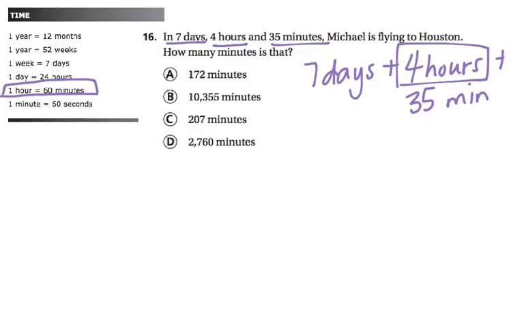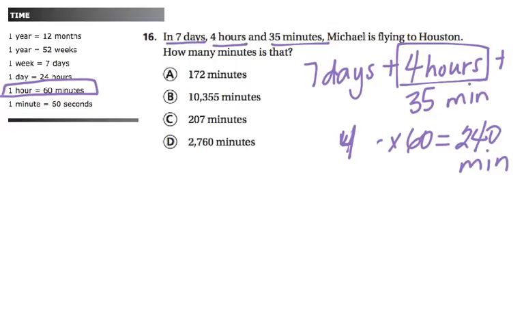So I'm going to multiply 4 hours times 60 minutes. I'm really multiplying 4 times 60 because we have 4 hours. I don't want to confuse anybody. And that gives me a total of 240 minutes. Okay?